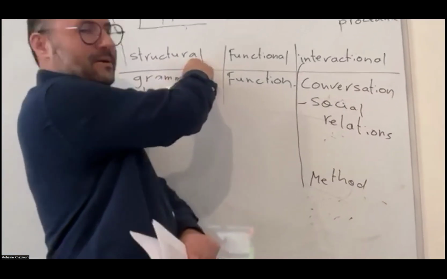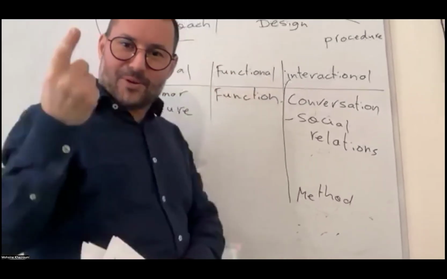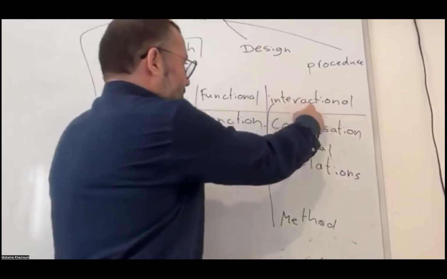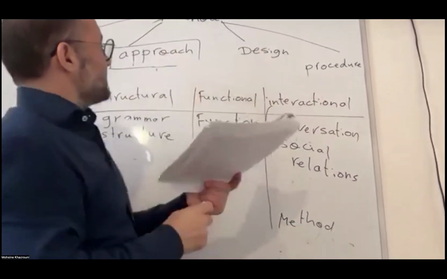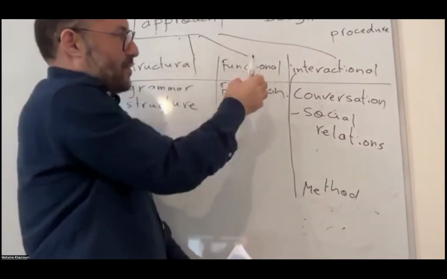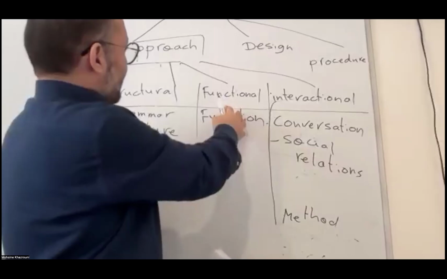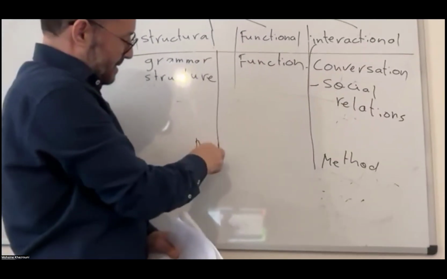The structural view of language is an approach. That's approach 1. Functional is another approach. Interactional, another approach. So three different approaches. Okay, Ikram. Why approach? Approach to language. Based on this, we can have a method.